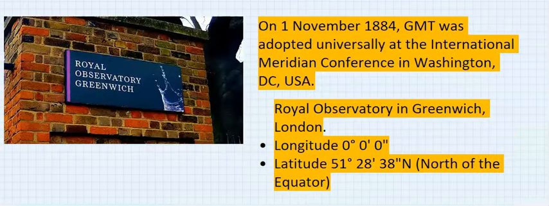The Royal Observatory Greenwich was adopted universally on November 1st, 1884, during the International Meridian Conference in Washington, D.C. The longitude of Greenwich becomes 0 degrees, 0 minutes, and 0 seconds, and the latitude becomes 51 degrees, 28 minutes, and 38 seconds north of the equator.